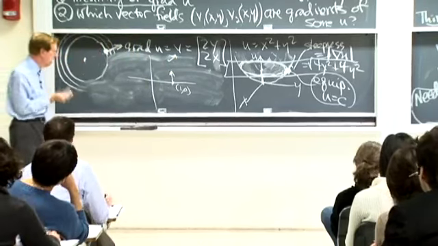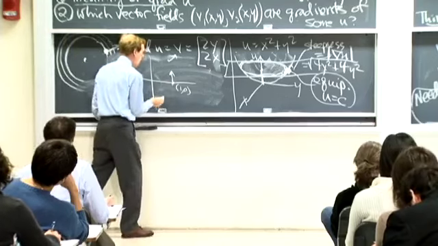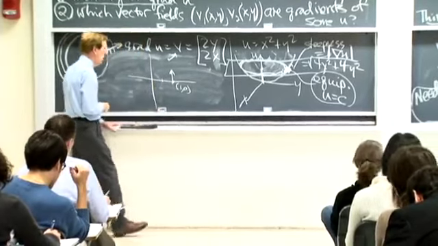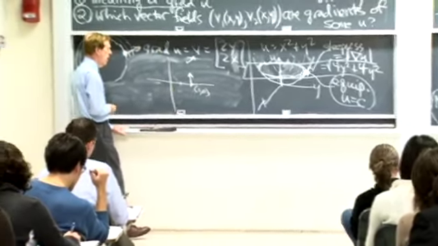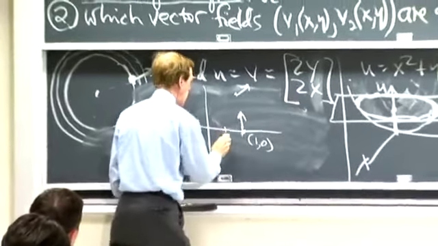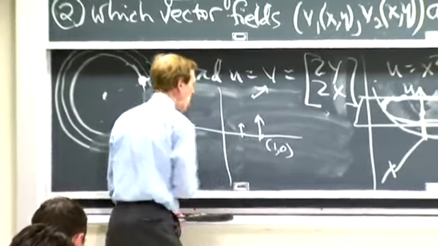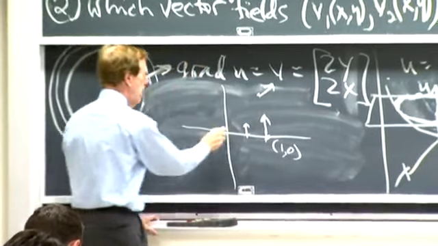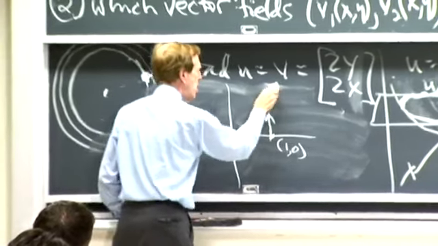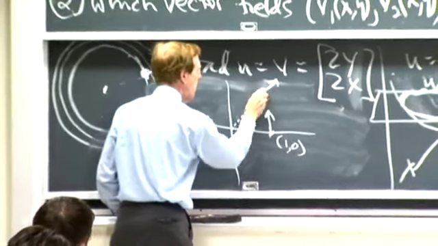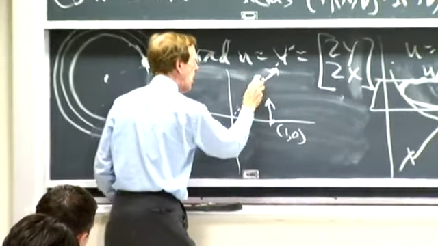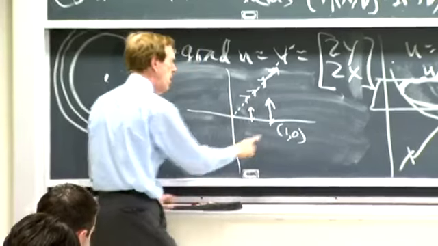Let's see. Can I get in some more points? What's at 1/2, 0? Then V is 0, 1. And where is this flow going? If the point is along this line where y is equal to x, then the flow is going out along this line.